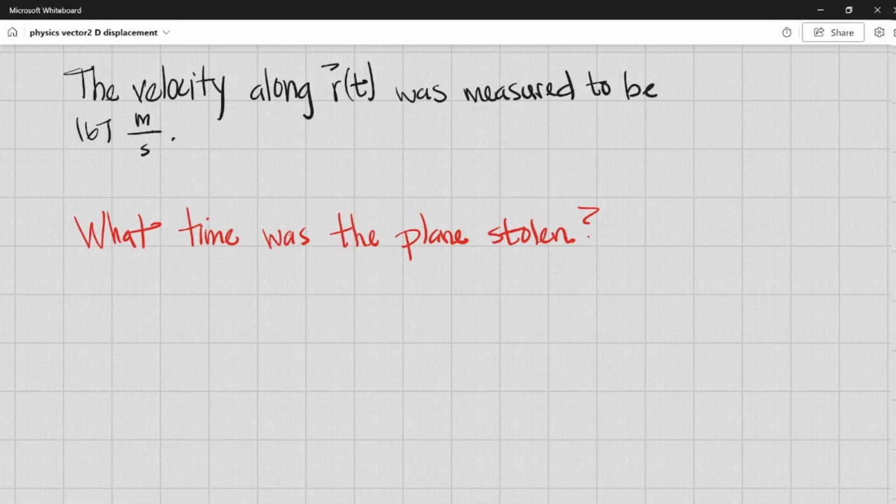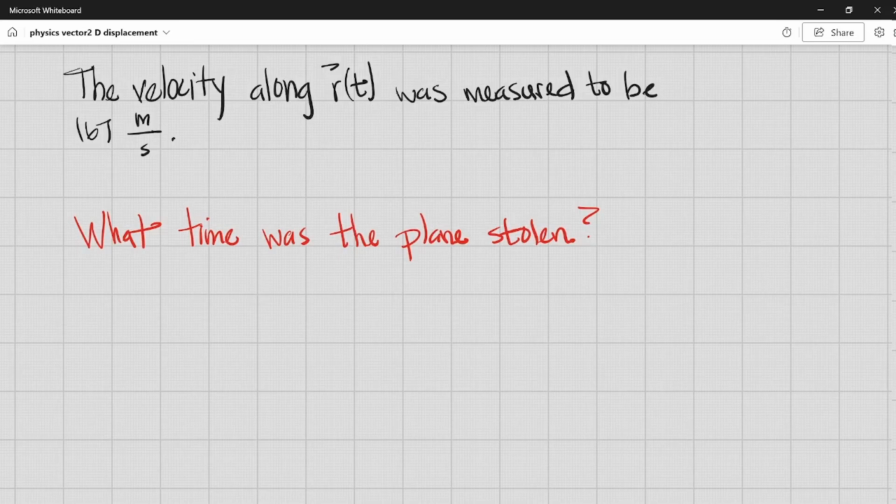It just says that it's measured at that location to be 167 meters per second. So if we assume that the plane got up to this cruising speed of 167 meters per second and then chose to cruise at a constant velocity, which is much more likely, then we'll have two different time intervals for which we can analyze these equations of motion.